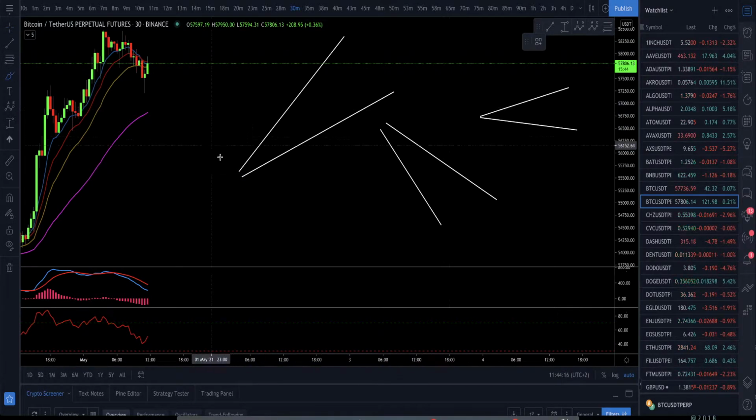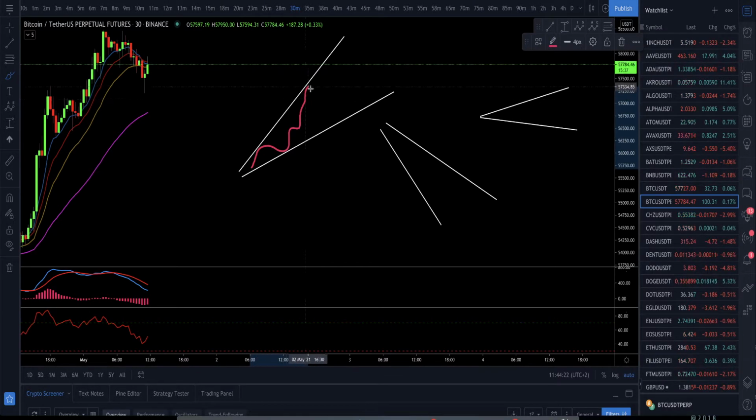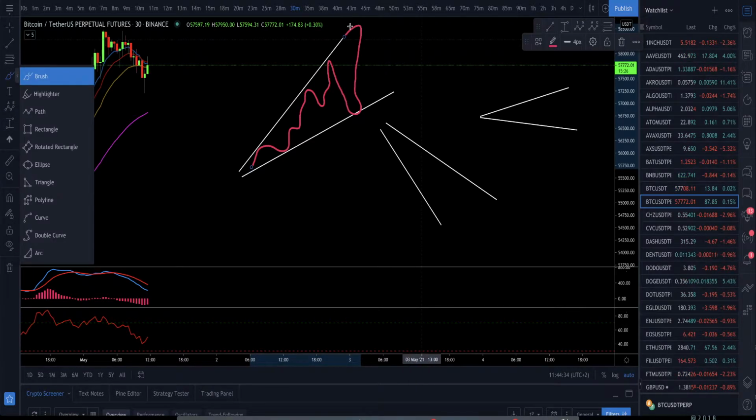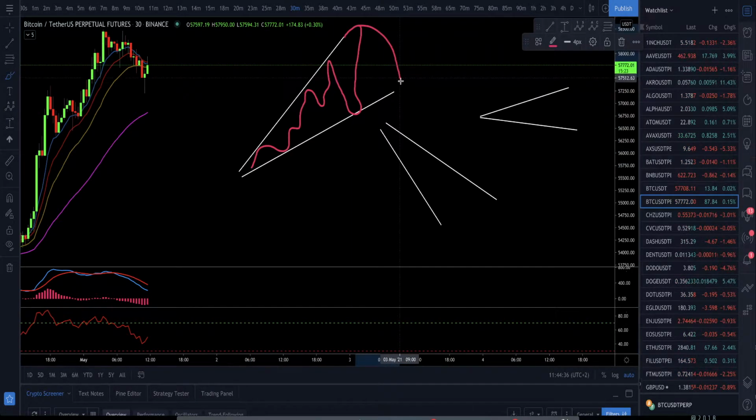Yeah, the patterns will be most likely like this, and then like this, and this, and then this, like this, and then it goes all the way to the trend line here, right? And then it will fall just like that.